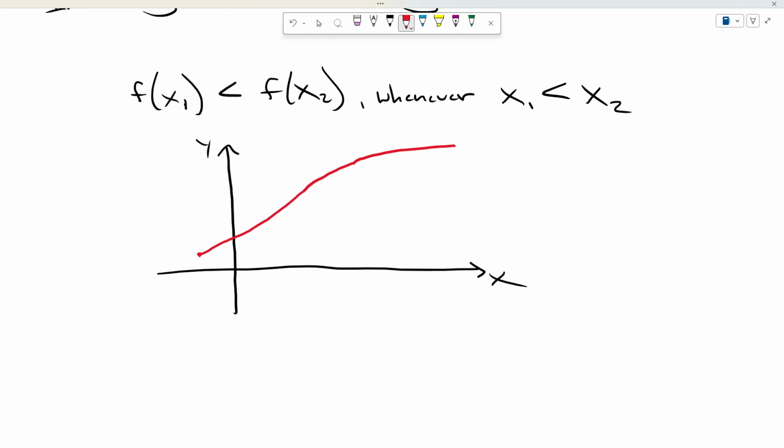And we'll have a point. We'll do the points in blue. We'll have our endpoints.